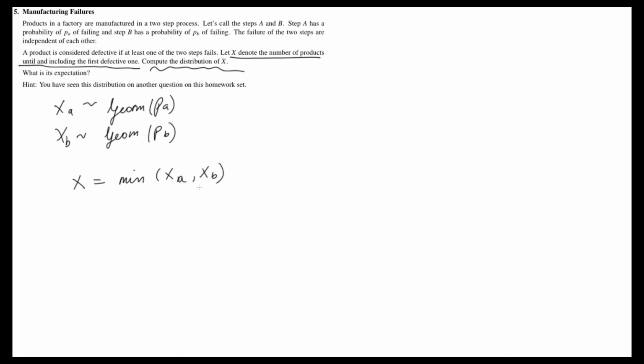Right? So now we can actually try to calculate the distribution of X directly. So what's the probability X is equal to K?